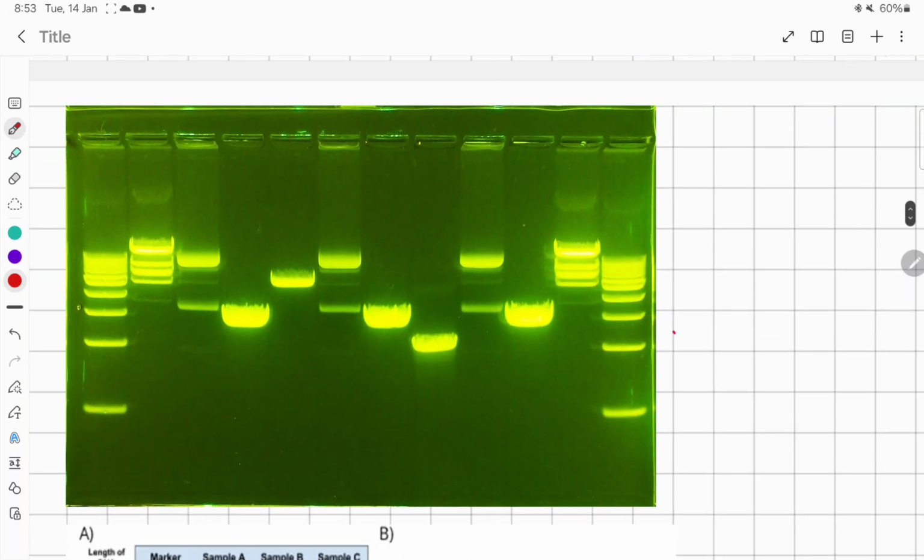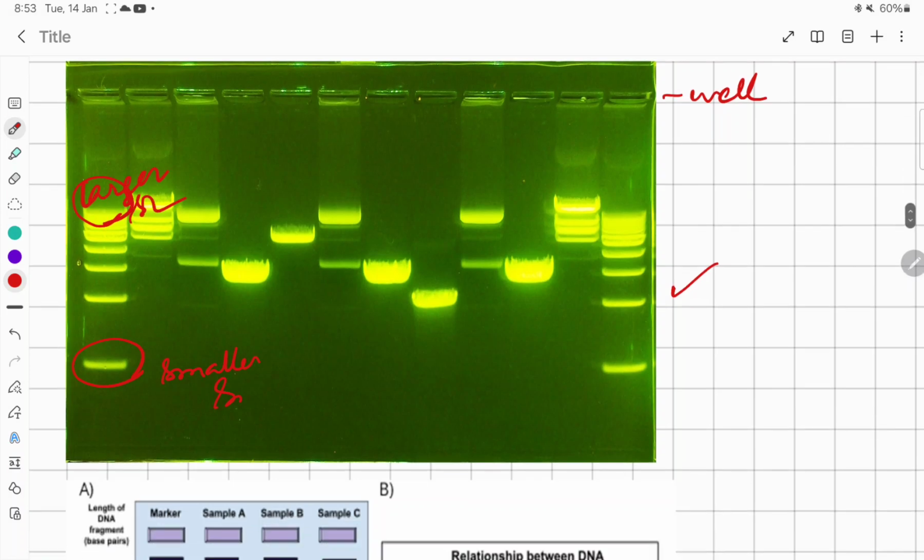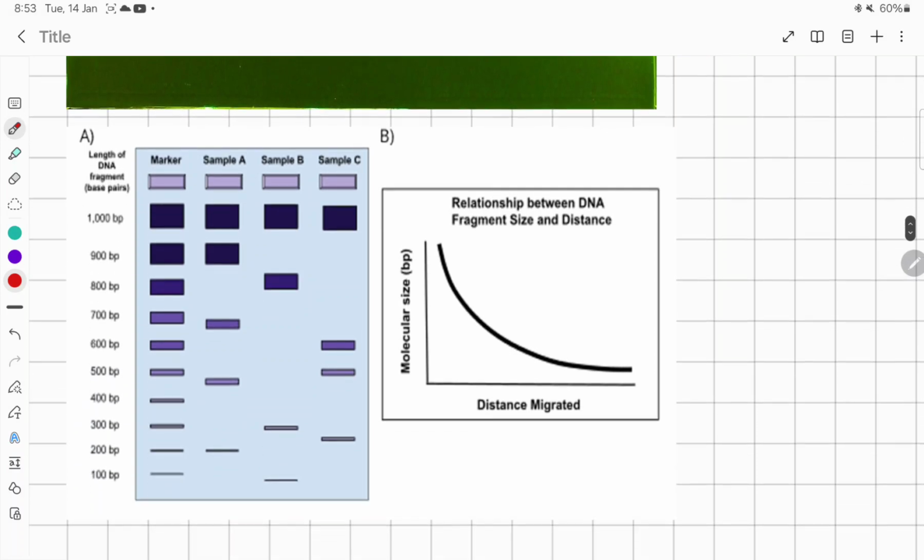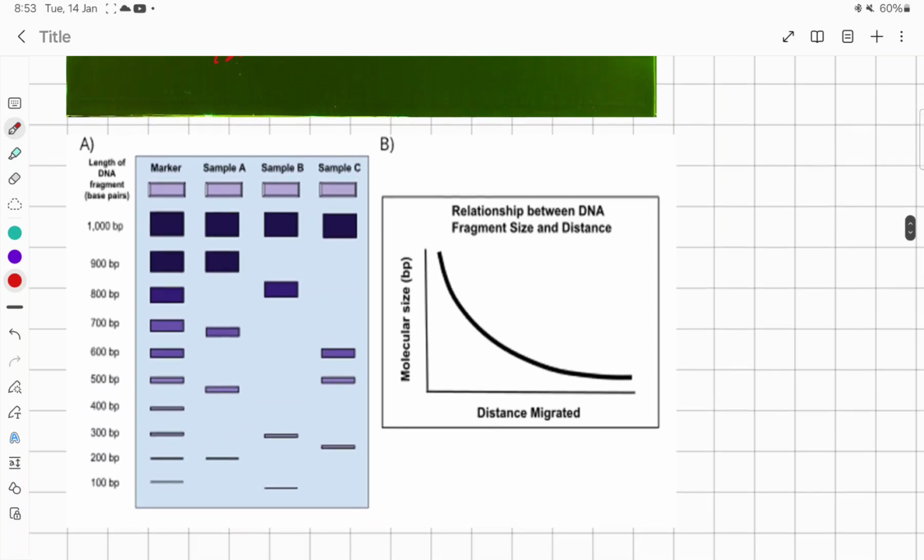In actuality, it looks like this. These are the wells, and these are the bands after movement. This is the smaller size, and this is the larger size. If we see the relationship between DNA fragment size and distance migrated, the higher the distance of migration, the smaller the size, and the curve will be like this.